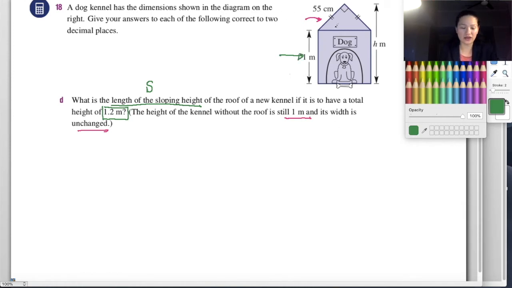The width, you remember the width that we found the first time. Our width is approximately 77.78.